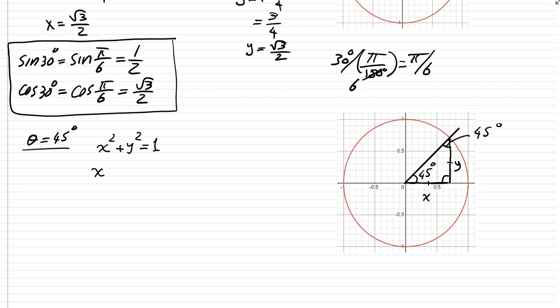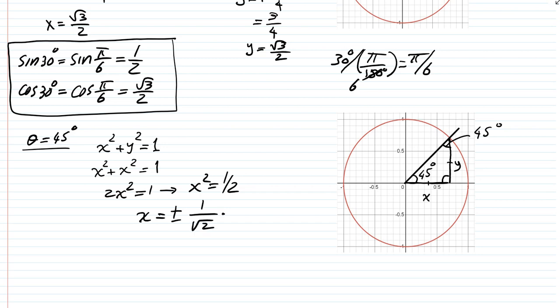But if x and y are the same in the case of 45 degrees, I'm going to change my y to x, and I get 2x squared equals 1, from which I get x squared is 1/2. Therefore, x is going to be plus or minus 1 over square root of 2, which you can rationalize. You get root 2 over root 2, and that's plus or minus root 2 over 2.